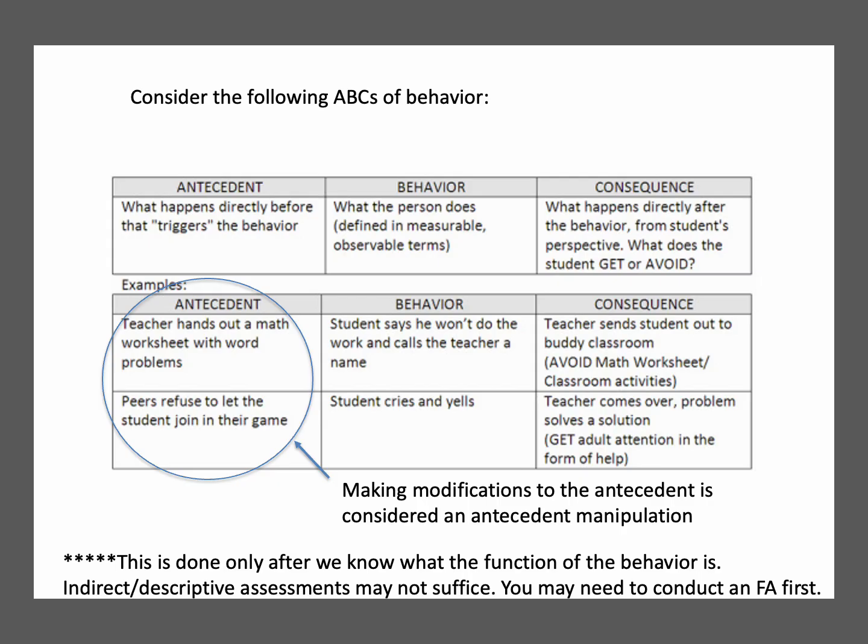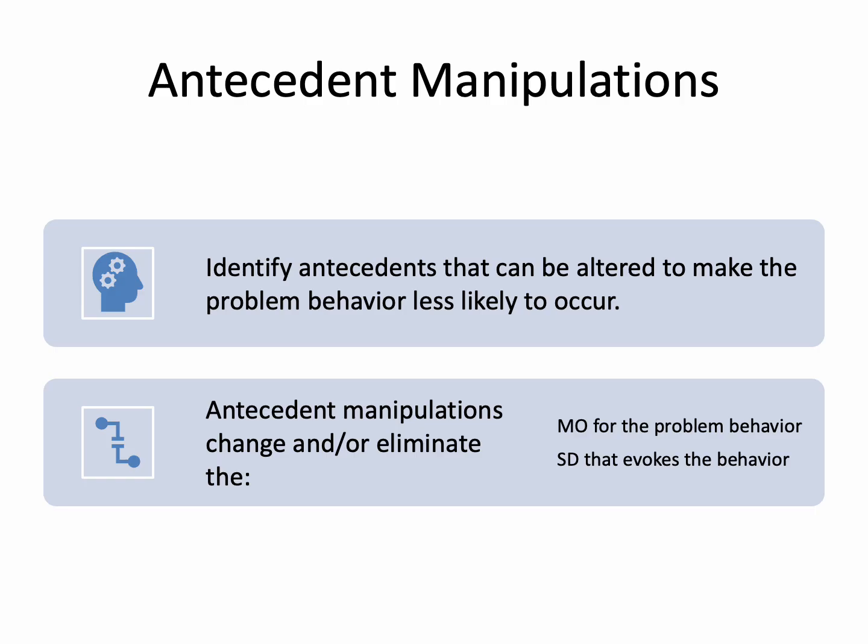So we can make a modification to the antecedent of a particular behavior, and that is what we call an antecedent manipulation. So we are simply altering whatever is occurring prior to a behavior in order to essentially prevent the behavior. Let's look at a little bit more about what an antecedent manipulation is.